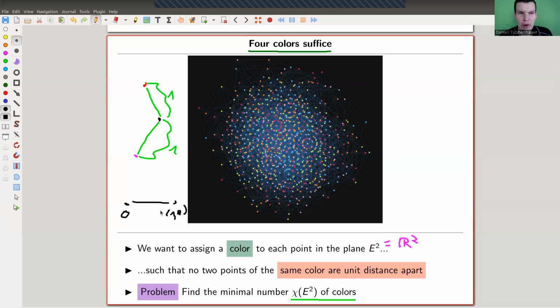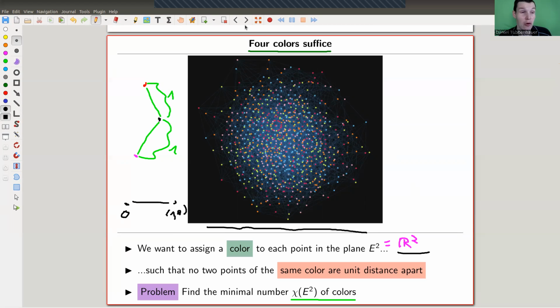Okay, so here's the fun problem. It's an infinite graph coloring problem. So like this picture here, there's a huge graph with vertices being the elements of R squared and a lot of edges. And we would like to find the minimal number of colors that suffice. So what can you do? Well, maybe we go for a lower bound and an upper bound.